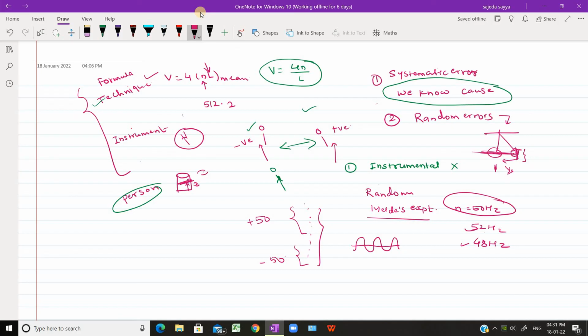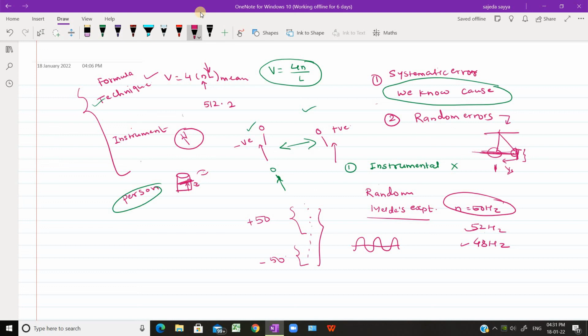But random errors cannot be rectified because, as I stated in the first point, the cause is unknown. Since the cause of systematic error is known, we can fix it by changing the instrument or the experimenter. But for random errors, we minimize them with the help of the principle of probability.